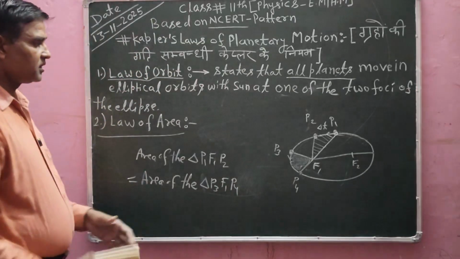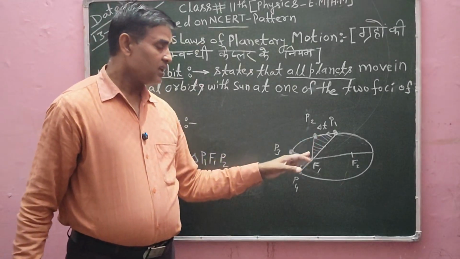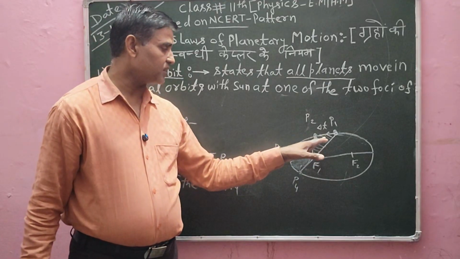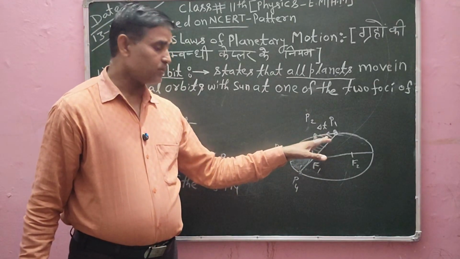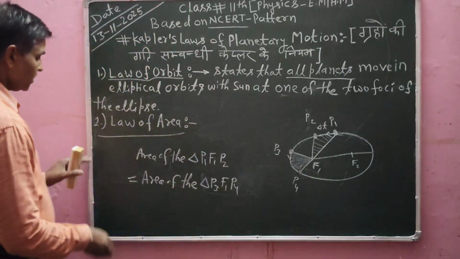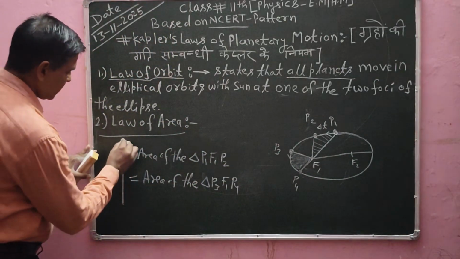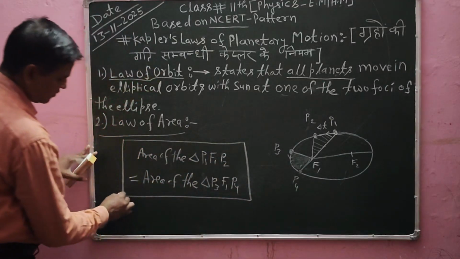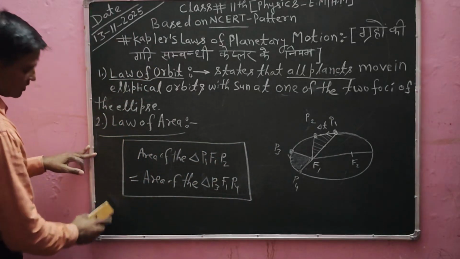I have got the area of this triangle and also the area of this triangle. In other words, we can say that the area of this shape and the area of this shape will be the same. So this information we have got from Kepler.